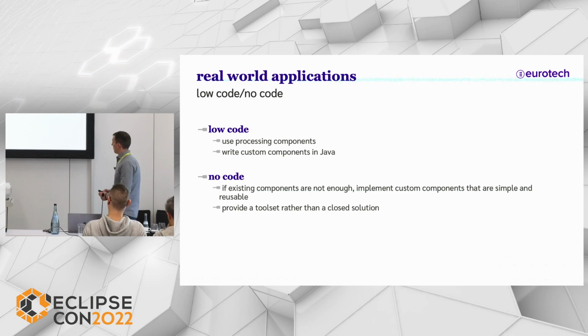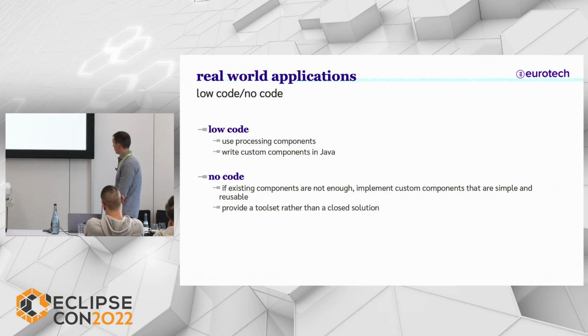Some of our customers are fine with a low-code approach, so they are fine with using the JavaScript filter, and they can write some code or implement also custom components in Java. Some other customers want a completely no-code approach.